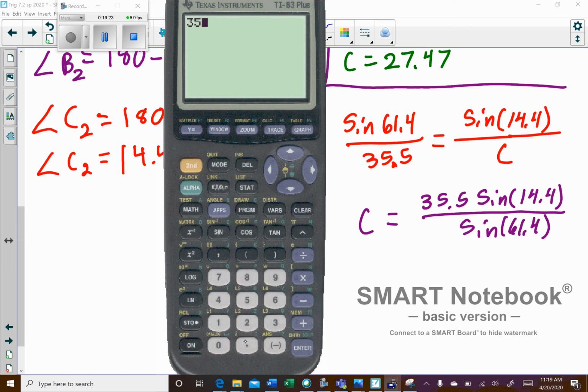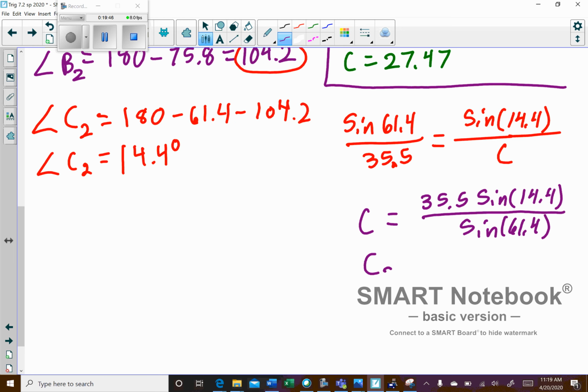So let's see, 35.5 times sine of 14.4, and then we'll go ahead and divide by sine of 61.4, and so we get 10 point, basically we could just round that to 10.1. So side C2 for case 2 would be 10.1 centimeters.